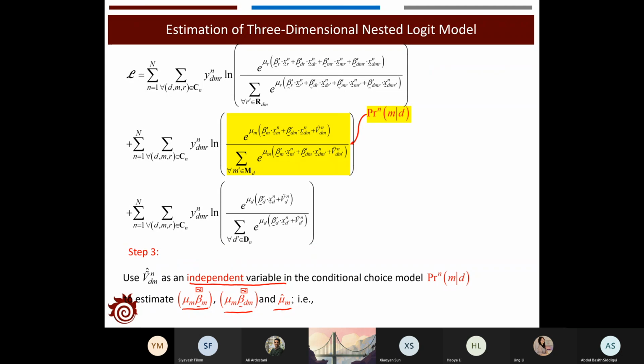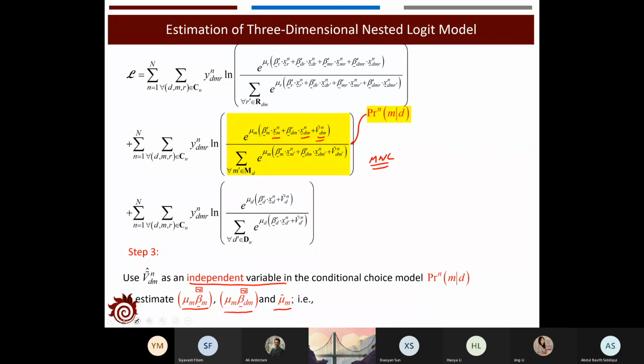In this component, we can observe the values of xm and xdm. We calculated the log sum term, so we are able to get all the coefficients. Again, we're going to use the same method as the multinomial logit model to do the calibration.